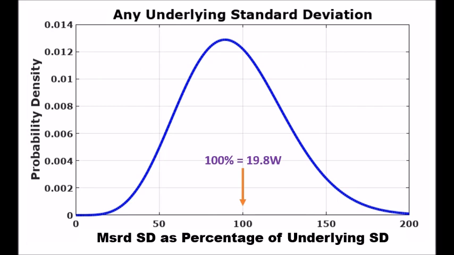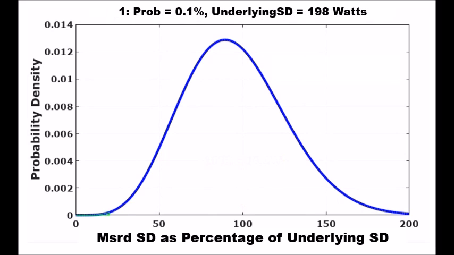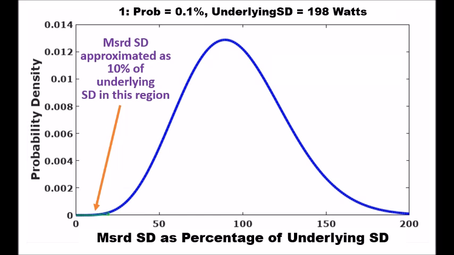Here's our first area again. Remember, the one that goes from 0 to 20% of the underlying distribution? Using the same 10% approximation as before, we compute the underlying standard deviation for this case as 100% divided by 10% multiplied by our measured standard deviation of 19.8 watts, or 198 watts.